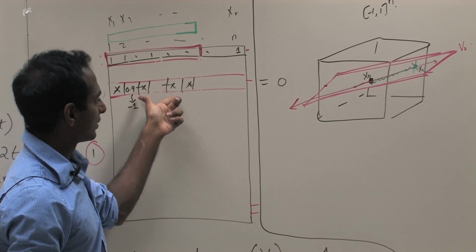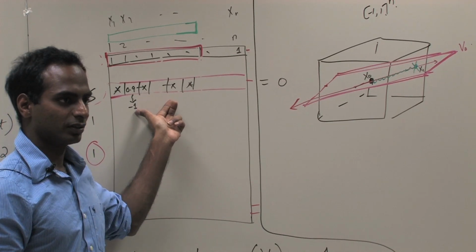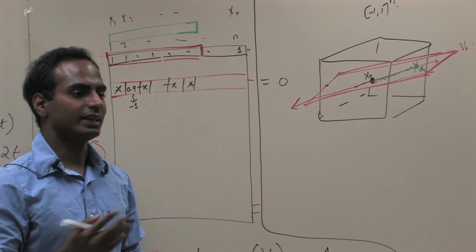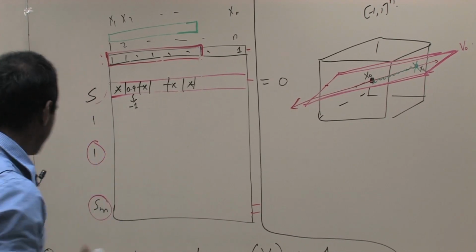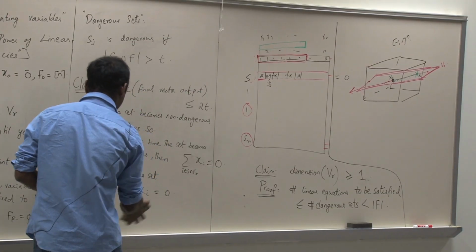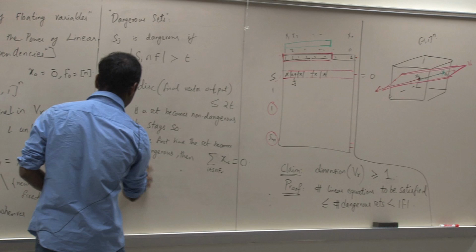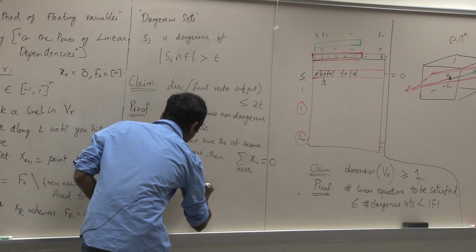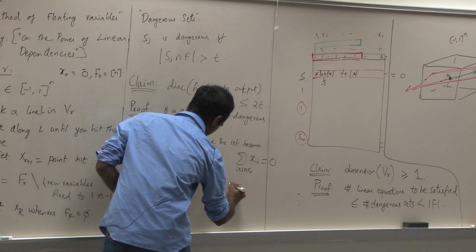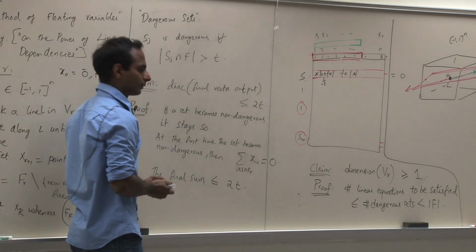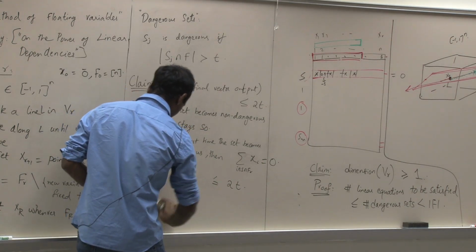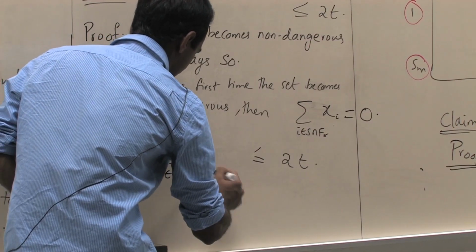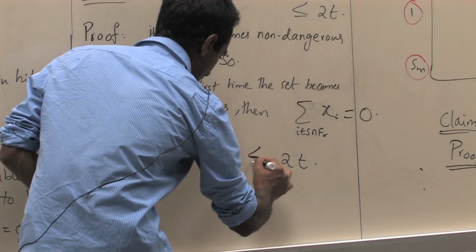So the total change for this sum is going to be at most 2 times t. There are t elements that I'm changing. I'm not changing anything else, and each element changes by at most 2. Therefore, if I write it properly, the sum over i belonging to S is less than or equal to 2t.